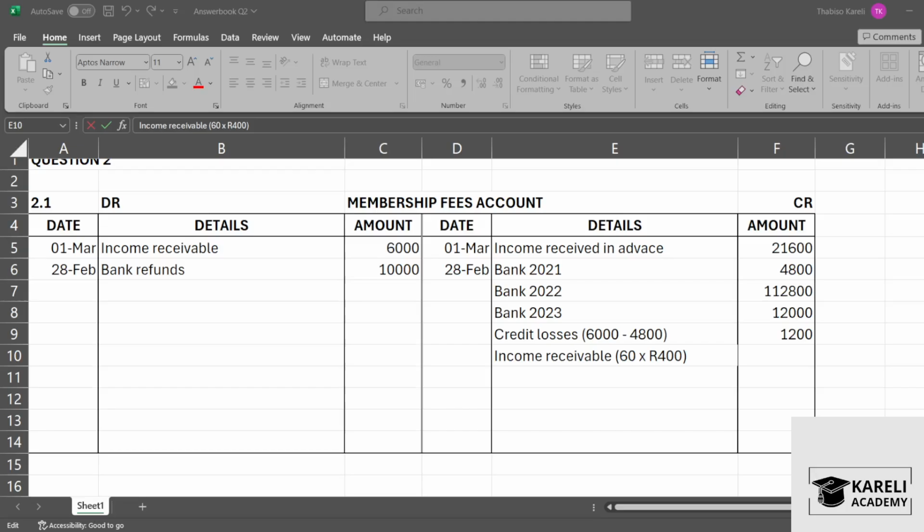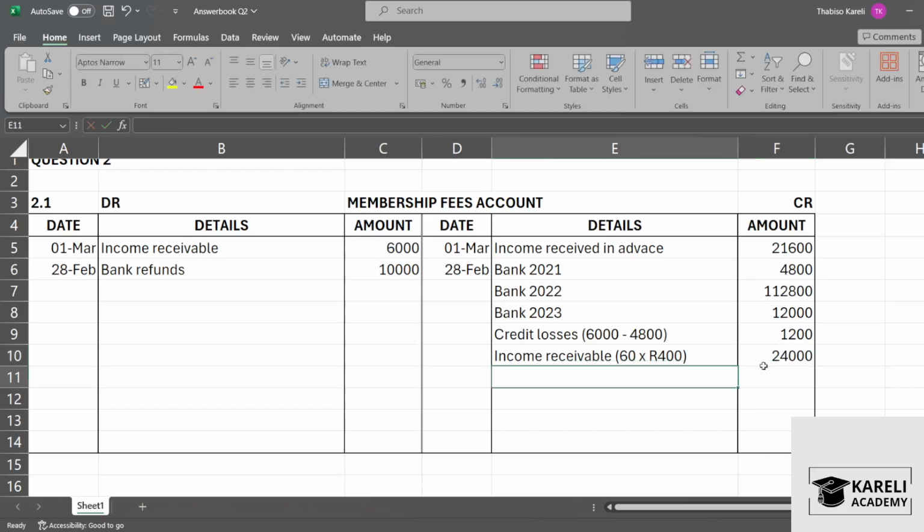And how much will the answer be? 60 members multiplied by 400 rands, and we have 24,000. Remember, 60 members were outstanding for the current year. They still have to pay. It means they are receivable, and each pays 400. Therefore, it's 400 multiplied by those 60 members. It gives you how much? 24,000.